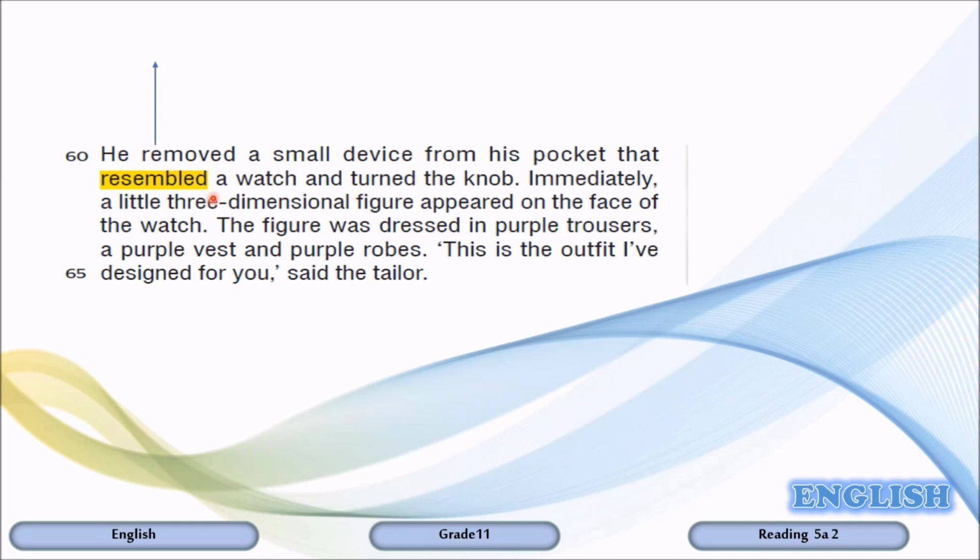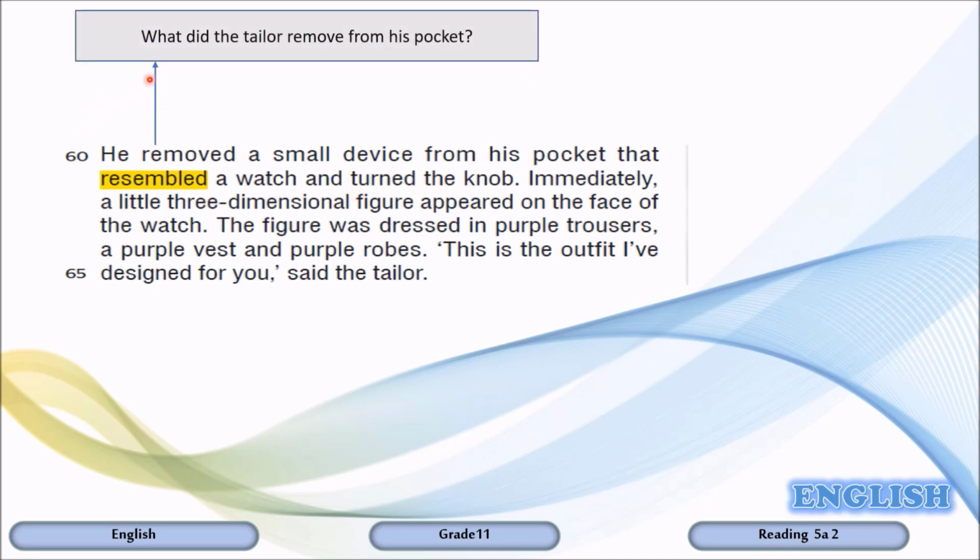Now, my question is, what did the tailor remove from his pocket? If you remember, the tailor removed something from his pocket. He removed a small device. Another question, what was that device, or what did the device look like?